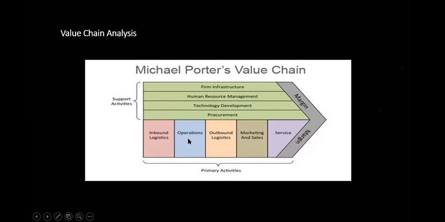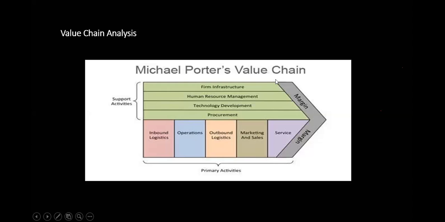The more the merrier, because if you have more activities, you can do a very good analysis. If you have fewer activities, it is very difficult to understand non-value adding activities. When you include more and more segments and sub-segments, you can easily identify non-relevant activities. Non-relevant activities means non-value adding activities.